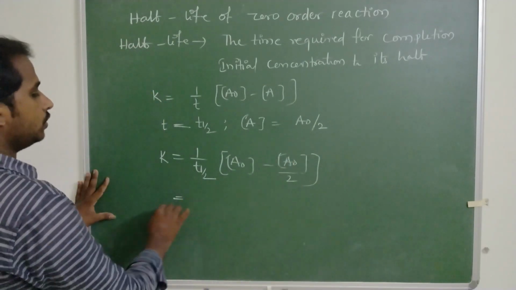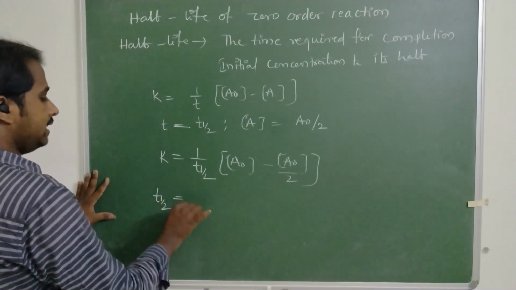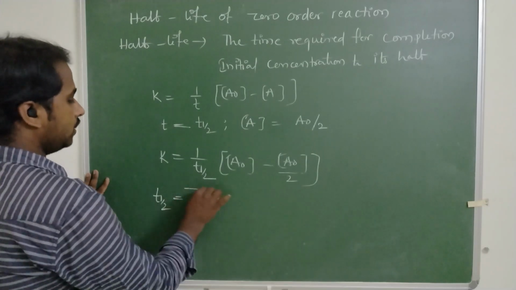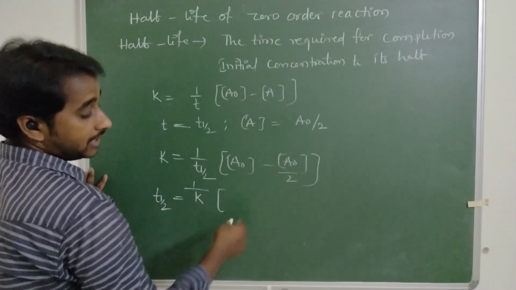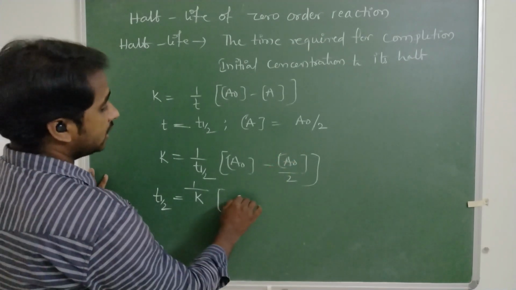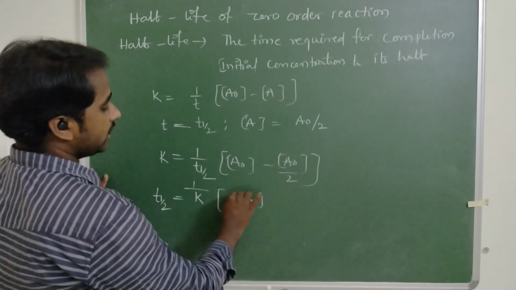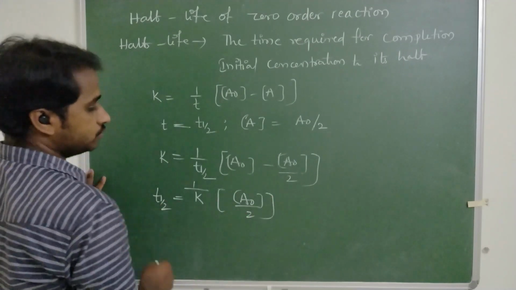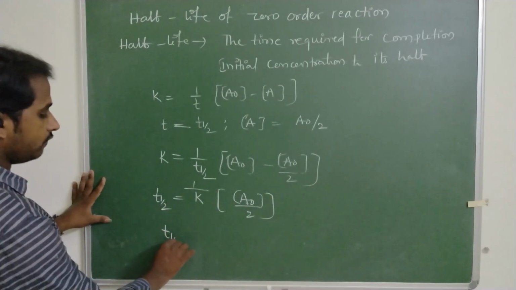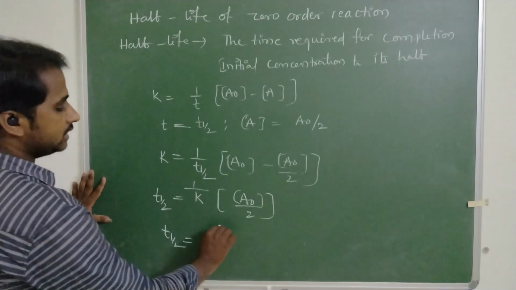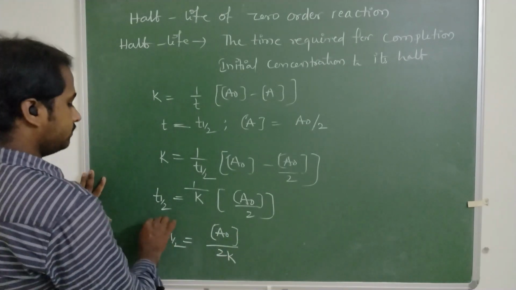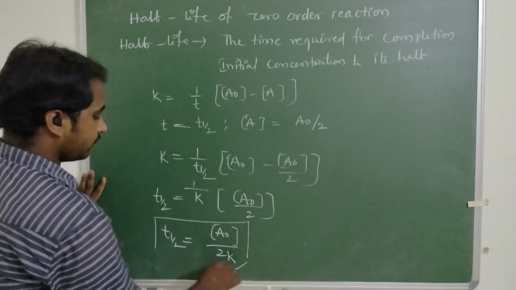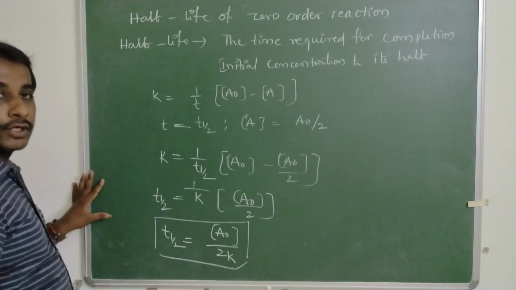So t half is equal to 1 by K into A naught minus A naught by 2, which is nothing but A naught by 2. So t half is equal to A naught by 2K. This is very important for competitive exams.